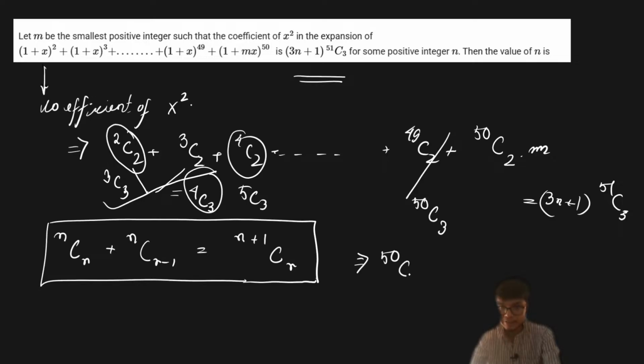Therefore, it is basically 50C3 plus 50C2 times m squared minus 1 is equal to 3n plus 1 times 51C3.